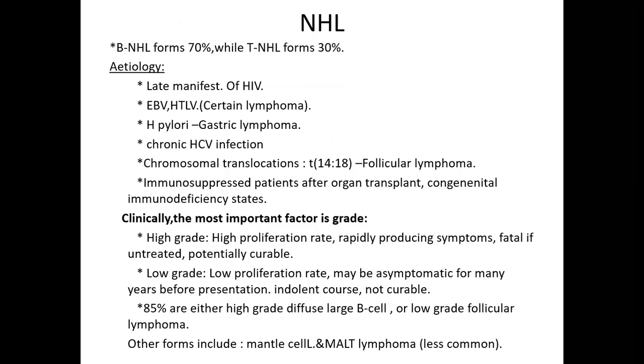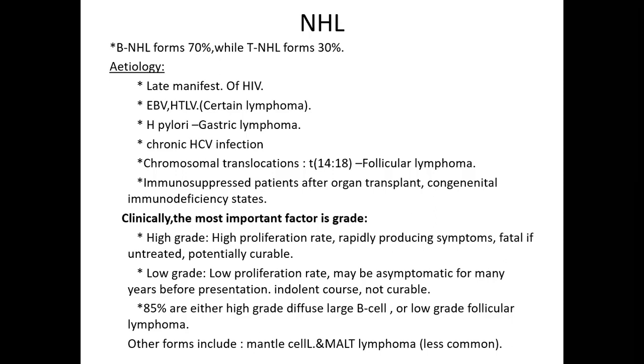What is the etiology of non-Hodgkin lymphoma? It is not very clear why non-Hodgkin lymphoma develops, but there are certain observations that help us to understand the etiology. The non-Hodgkin lymphoma can develop as a late manifestation in patients with HIV infection.